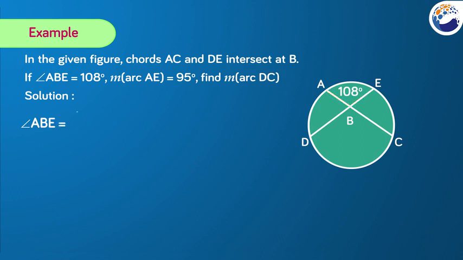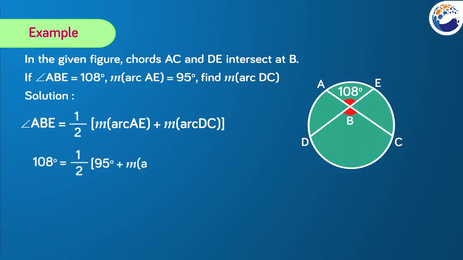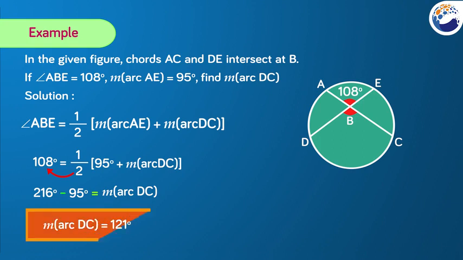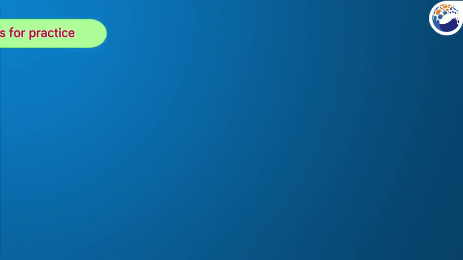Angle ABE is equal to half of the measure of arc AE plus the measure of arc DC. 108 degrees is equal to half into 95 degrees plus the measure of arc DC. 108 degrees into 2 is equal to 95 degrees plus the measure of arc DC. 216 degrees is equal to 95 degrees plus the measure of arc DC. The measure of arc DC is equal to 216 degrees minus 95 degrees. The measure of arc DC is equal to 121 degrees. Try some more problems for practice.